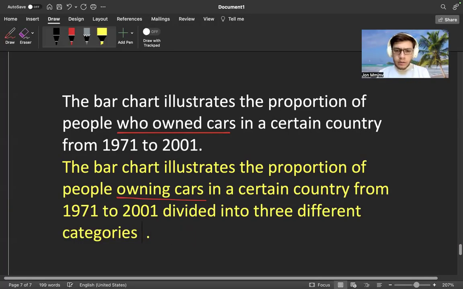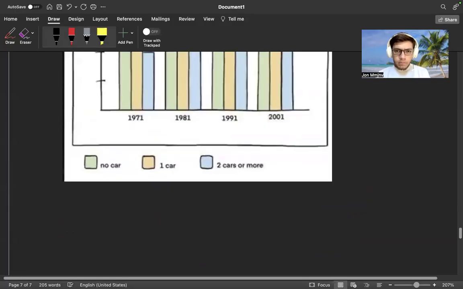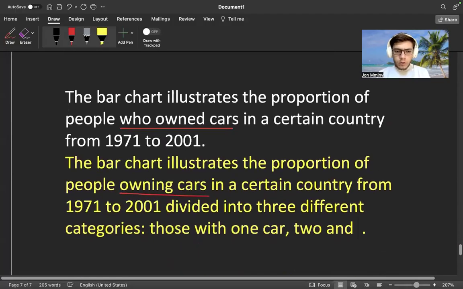So let's say one car owners, those with one car, or two, and two cars or more.